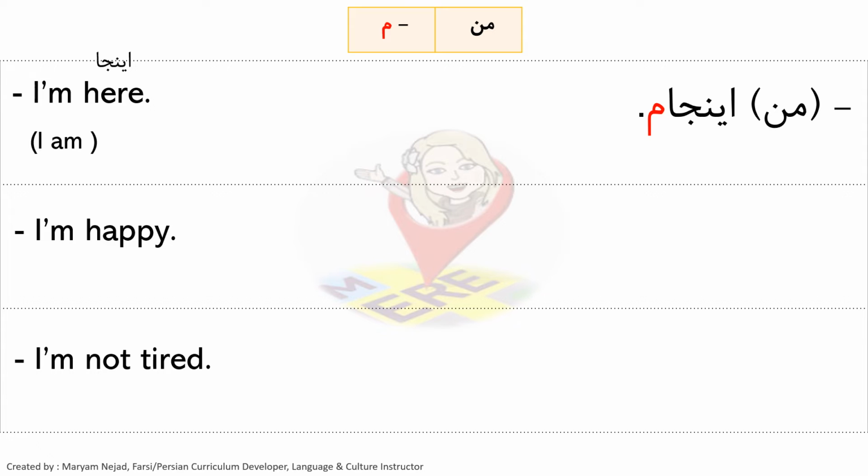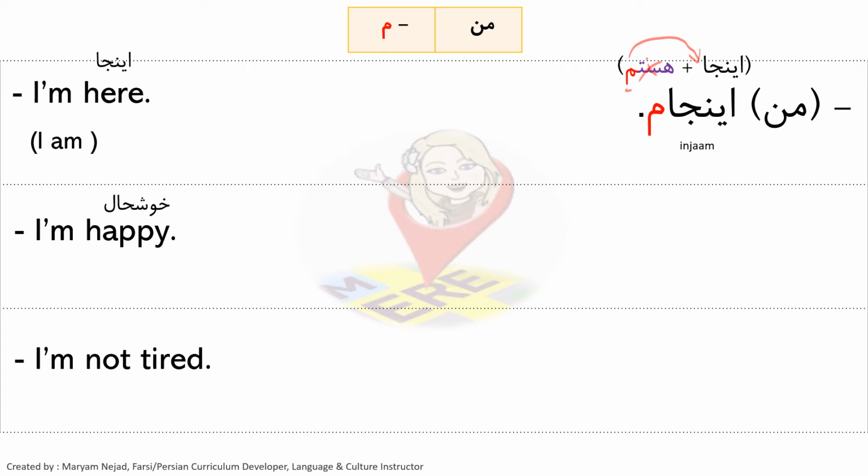So اینجام is the contraction of اینجا هستم, which we said earlier that we drop the present stem and then the ending goes with the word before that. So اینجام.